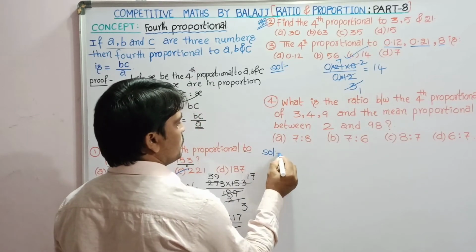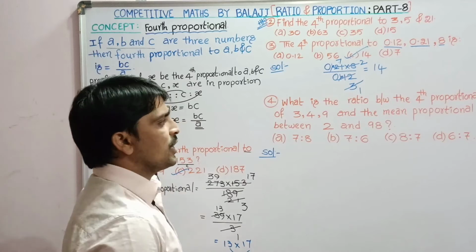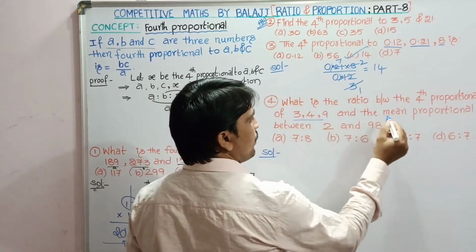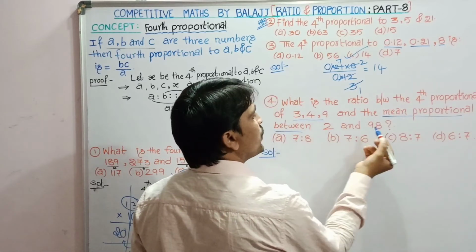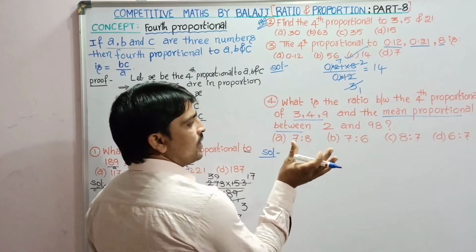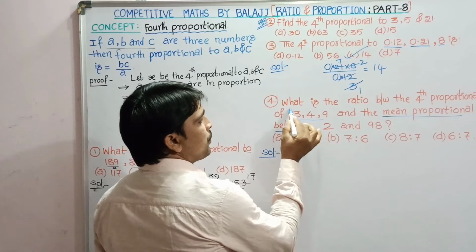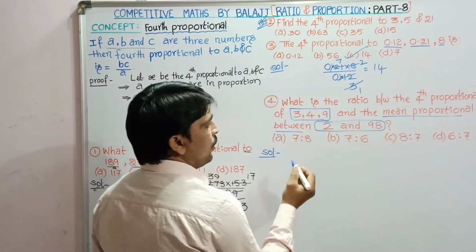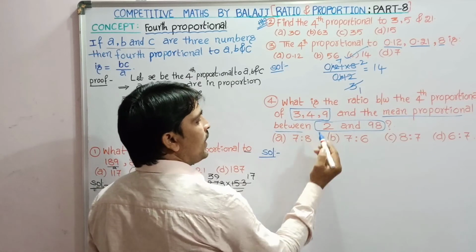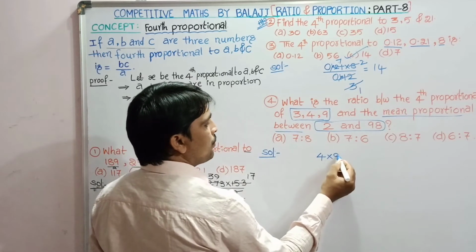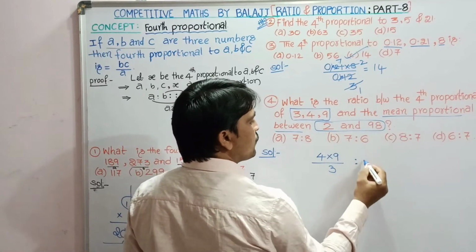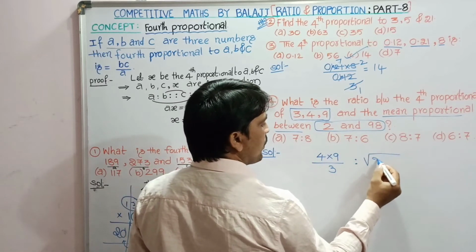Fourth one. What is the ratio between the fourth proportional of 3, 4, 9 and the mean proportional between 2 and 98? We have to find the ratio between the fourth proportional of these three numbers and the mean proportional of these two numbers. The fourth proportional of 3, 4, 9 is 4 into 9 by 3, which is 12. The mean proportional of 2 and 98 is the square root of their product.